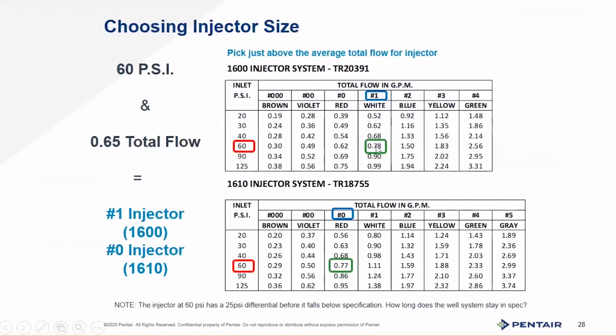Here's 0.78. If I drop down to 40 PSI, I'm down to 0.68. If I go up, I'm at 0.9. That's going to affect my brine ratio a little bit. So here, in the residential case, we're going to have a number 1 injector. Depending on the valve, we may use a number 0 injector, depending on the injector system it's using. Know the valve you're using.